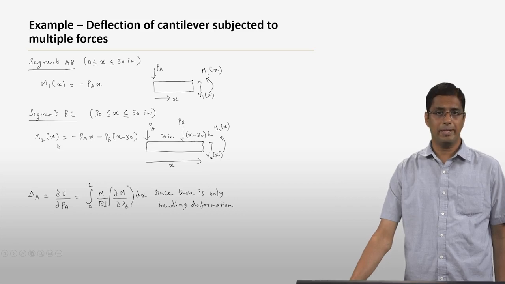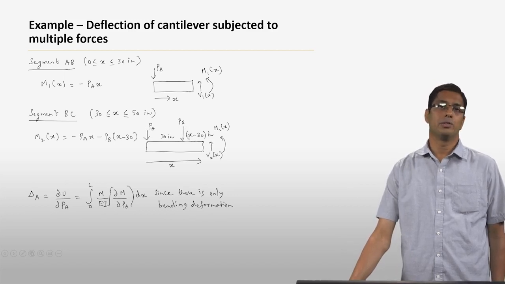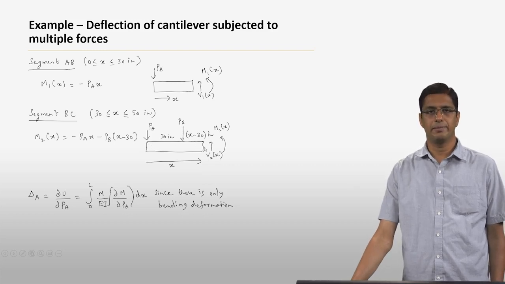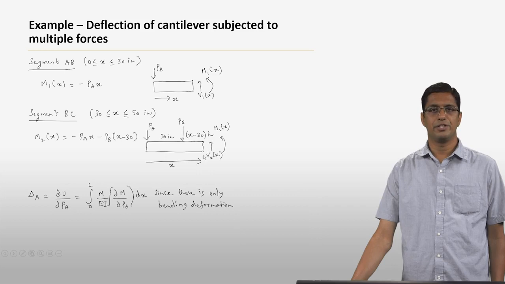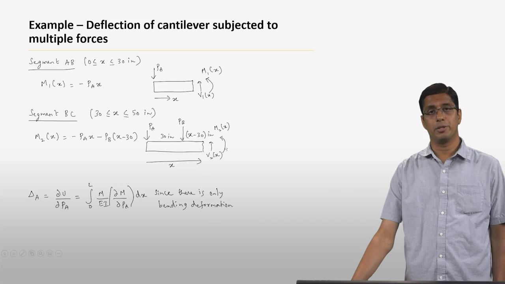And M2 of x is going to be a little more complicated because you have both the force PA and the force PB. If you use moment equilibrium and take moment about the cut, the shear force is not going to apply a moment. PA is a counterclockwise moment, PB is also going to apply a counterclockwise moment, and M2, the internal moment, is also counterclockwise.